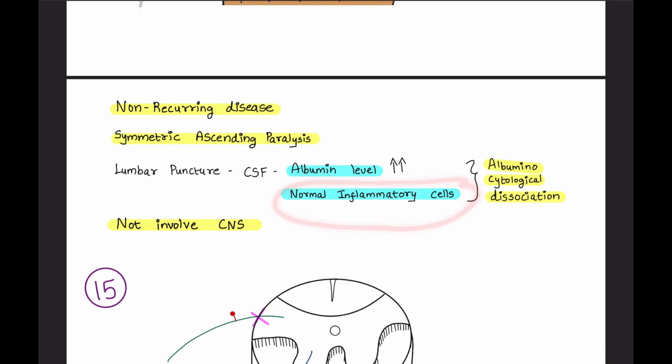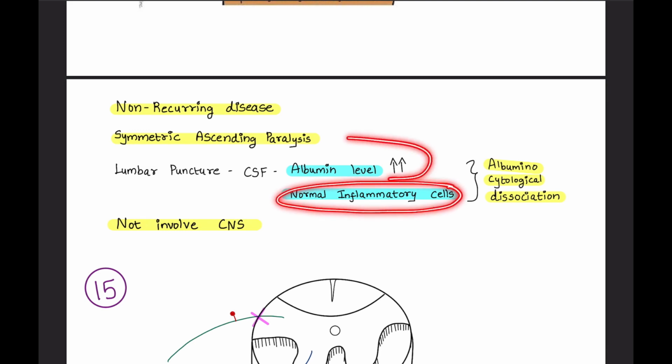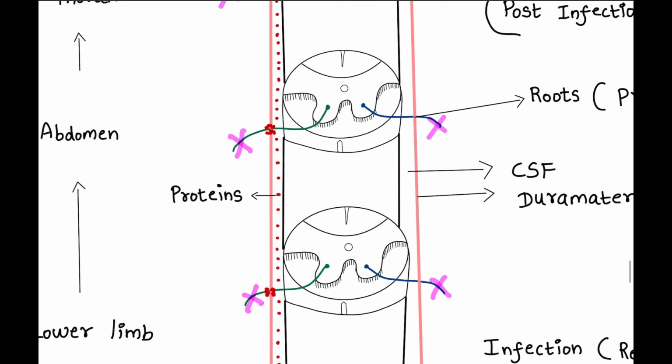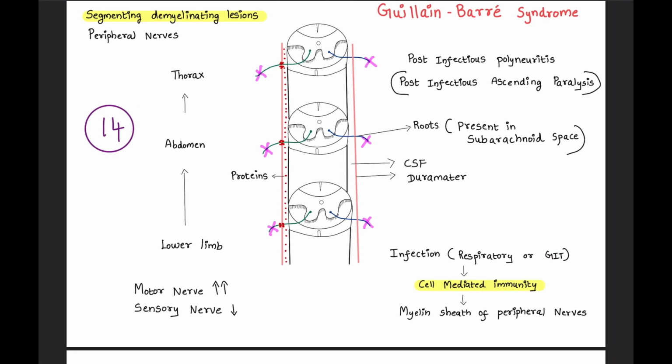But here in this patient there are normal inflammatory cells but increased albumin level. It is because the inflammation is not severe, it is a milder one. So Guillain-Barré syndrome does not involve the central nervous system. It involves only the roots of the nerve fibers that are located in the subarachnoid space.